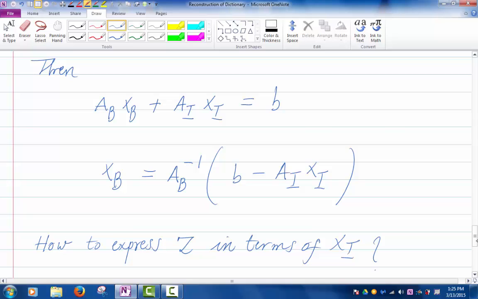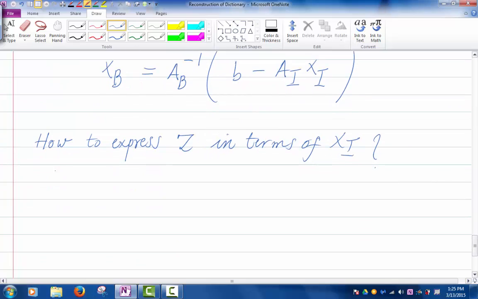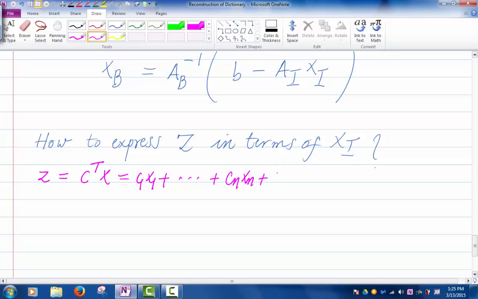I need to know how to come up with z for the dictionary. So what would be z? Well, remember z is C transpose X, right? This was C1 X1 plus dot dot dot Cn Xn plus Cn plus 1 Xn plus 1 plus dot dot dot Cn plus m Xn plus m.